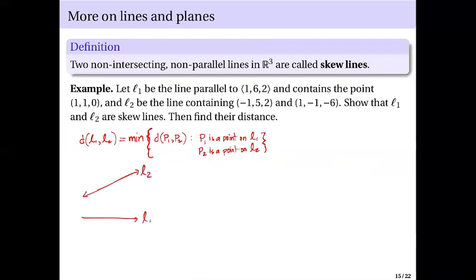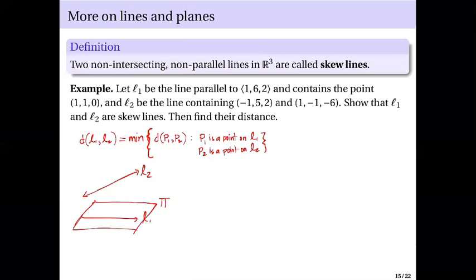What we're going to do is get the plane containing L1. Let's label this as pi. The plane containing L1 but not L2. That's the first step.